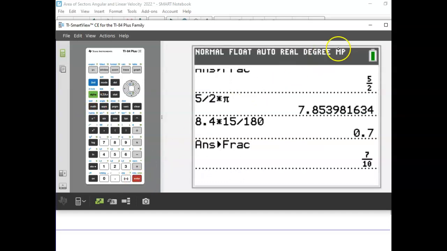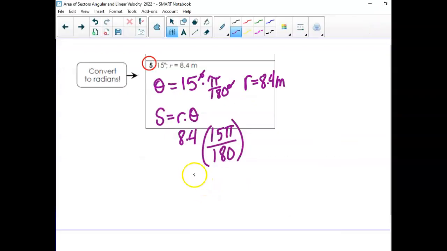Yes? And there was a pi, which would go in the numerator, so it's 7 tenths pi. And that is, what was our label for our distance here? Meters. We did 8.4 times 15 divided by 180.